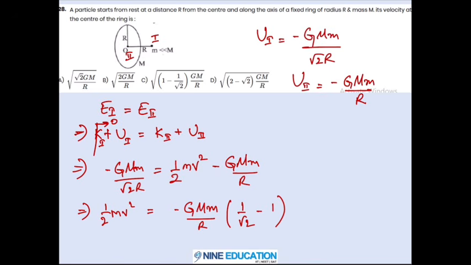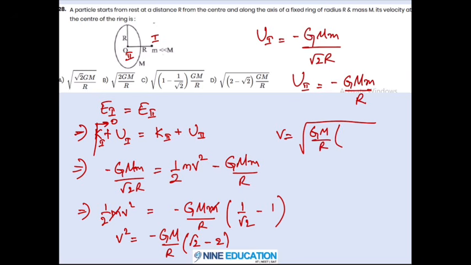So small m gets cancelled and you will get v square is equal to minus G capital M by r into 1 by root 2 into 2, which is root 2 minus 2. So v is equal to under root of GM by r, if I multiply this minus sign inside, you will get 2 minus root 2, which is option D.